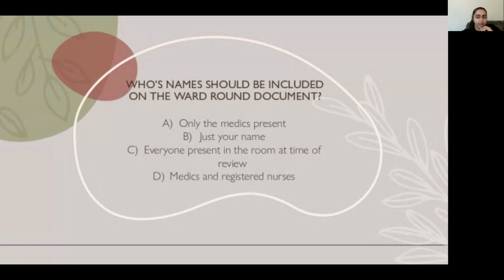A bit more of a mix there. Most people went for the right answer: everyone present in the room at the time of review. So even if there are trainee nurses or medical students or HCAs, anyone who's in that room at that time should be included on there.